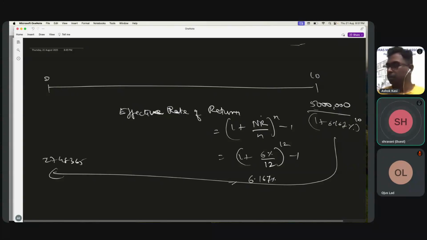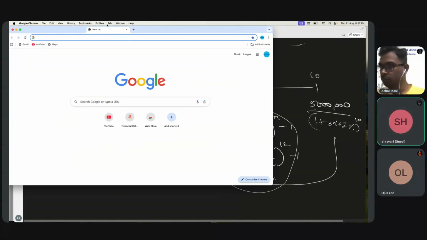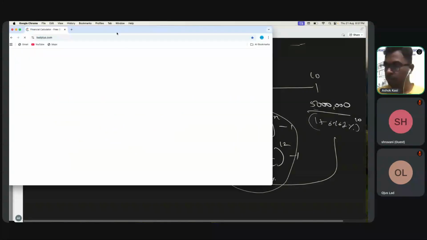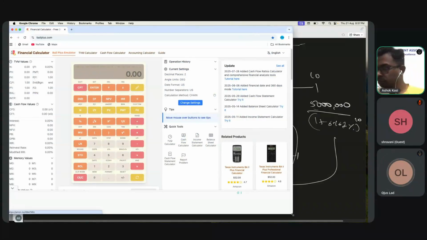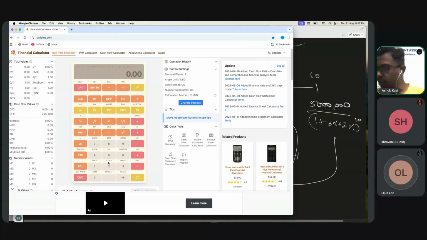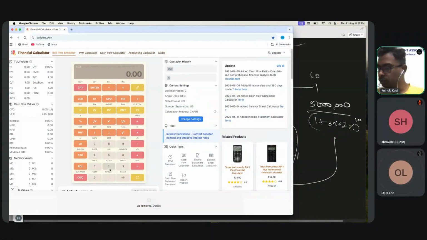Now you can use a shortcut method also if you want. Go to the calculator, go for ICONV. I'll show that. So ICONV is here, right? I want to activate this second 2.